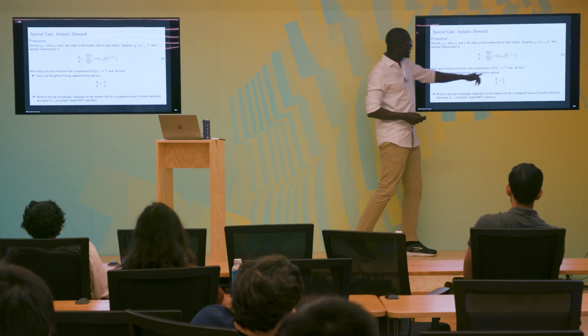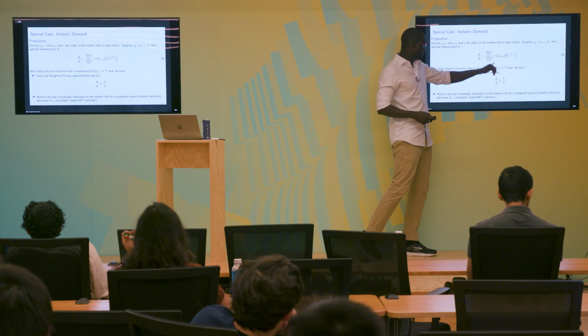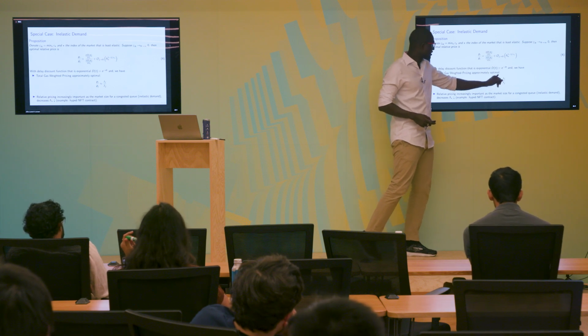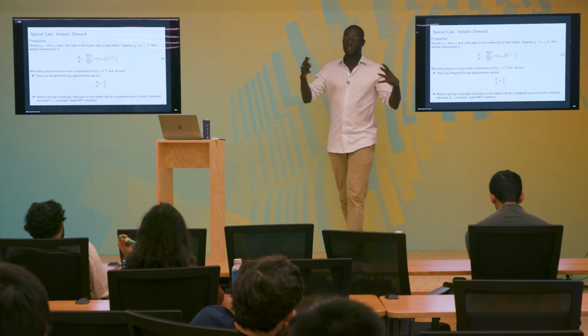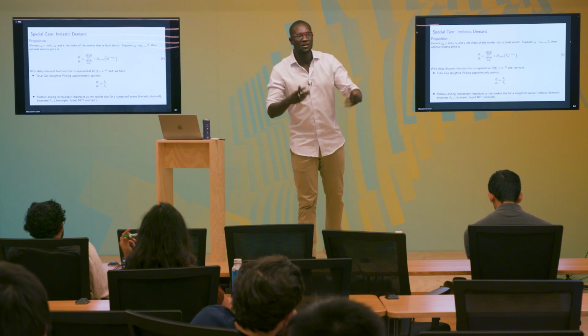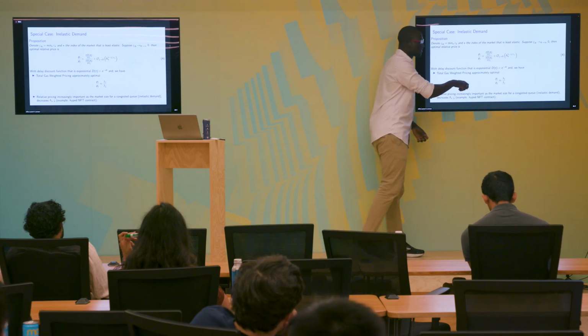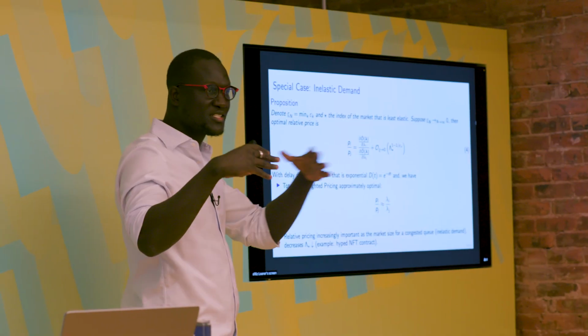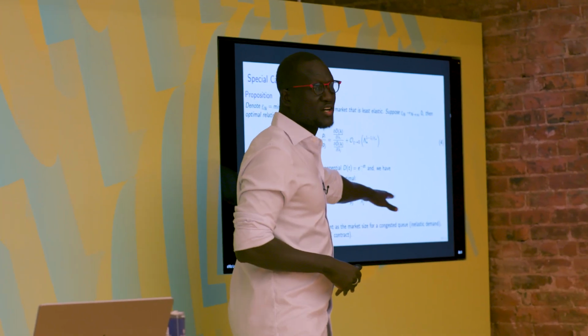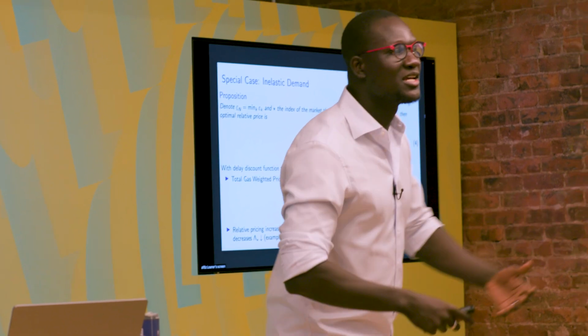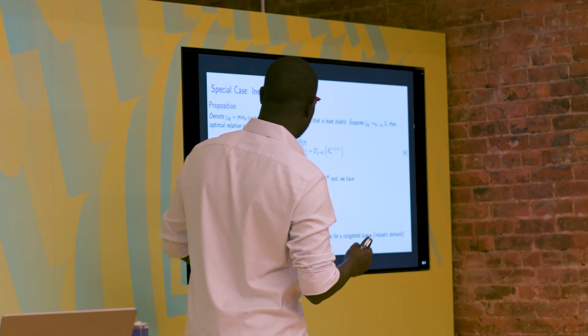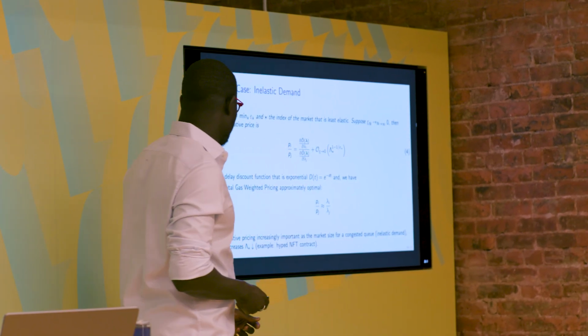And when you consider an exponential delay function, you can show that it is approximately the ratio of the arrival rates of the market sizes lambda i and lambda j defined earlier. So the relative market size, obtained from the total gas paid in a market, is a good proxy for the relative pricing.